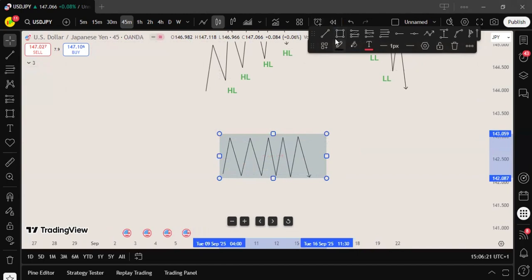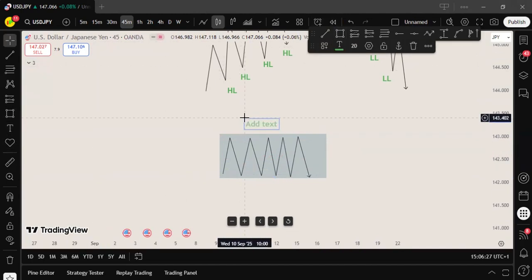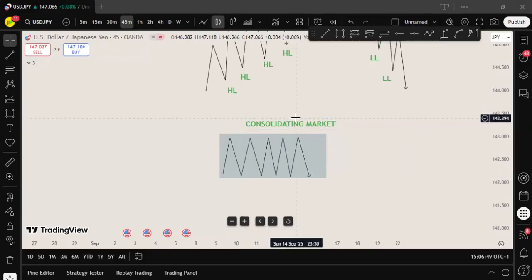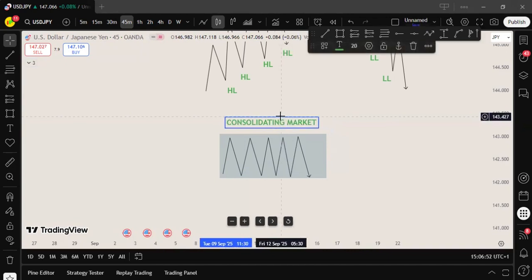If the market is not creating a series of higher highs, higher lows, not moving up or down, we call this a consolidating market.